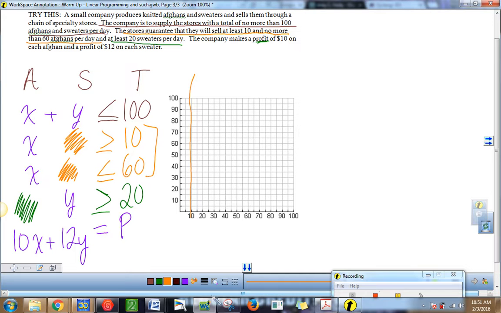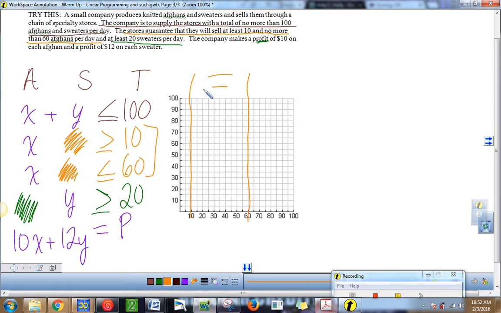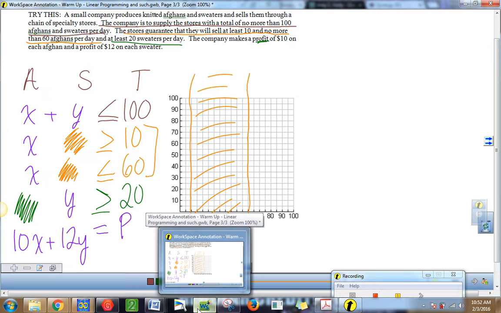We're going to cross the X-axis at 60. And we're basically saying it's got to be in between those values, yeah? So your shading is just between these guys. Ooh, that's exciting.